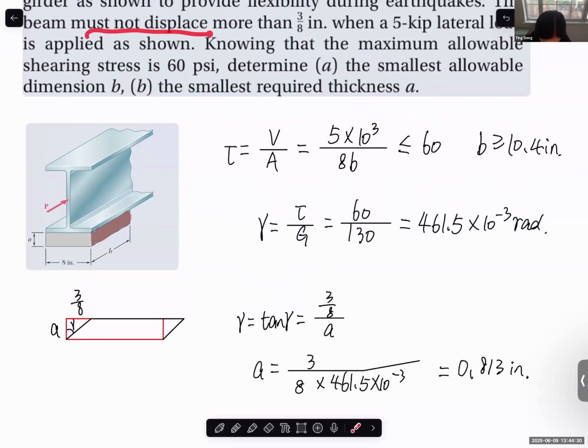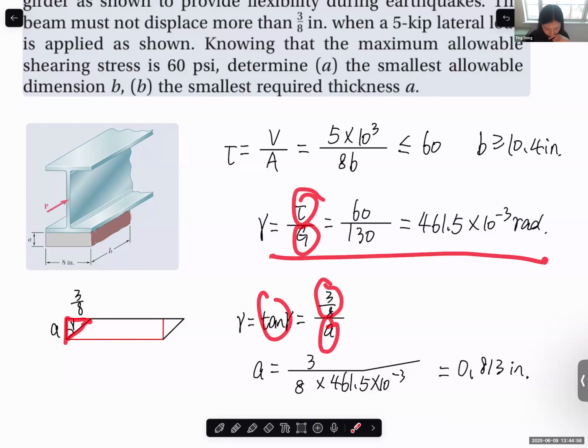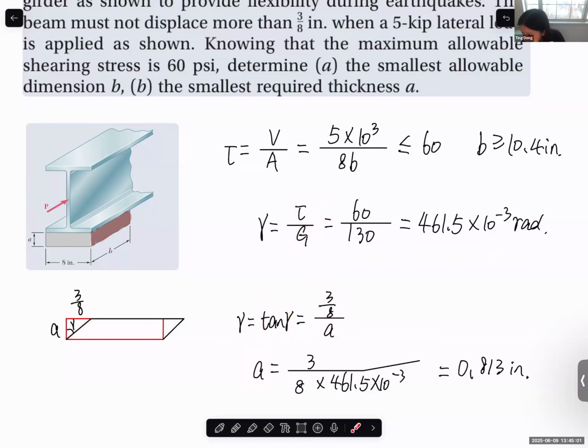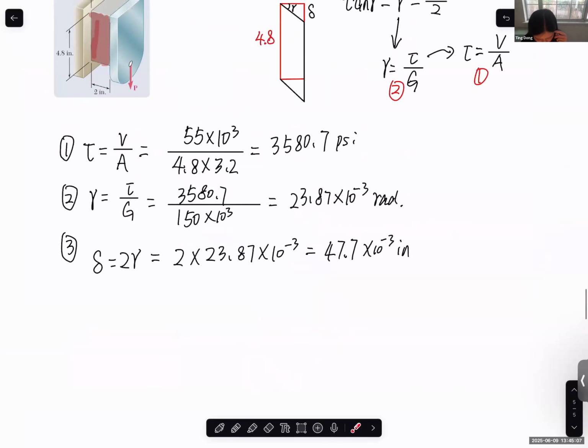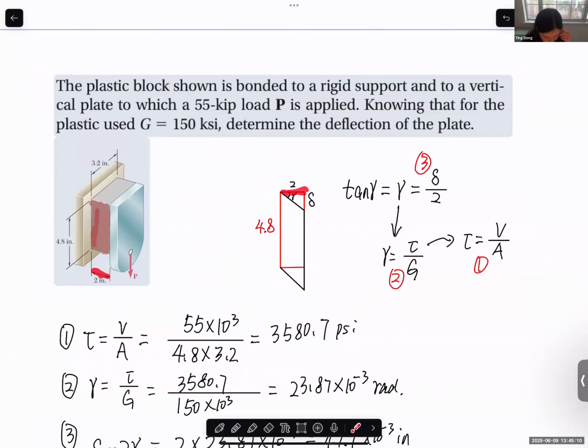For the question in the chat, displacement, this is given information in the problem statement. So this displacement should not exceed this value. That's how we use to calculate the dimension A. So basically, shear strain gamma equal to tangent gamma, so this edge length over this edge length in this triangle. And shear strain also equal to shear stress over shear modulus. So in these two equations, we can calculate delta over 2, because this dimension is 2 inch here.